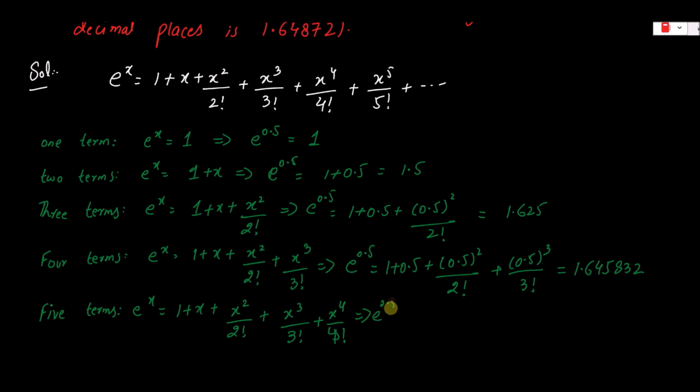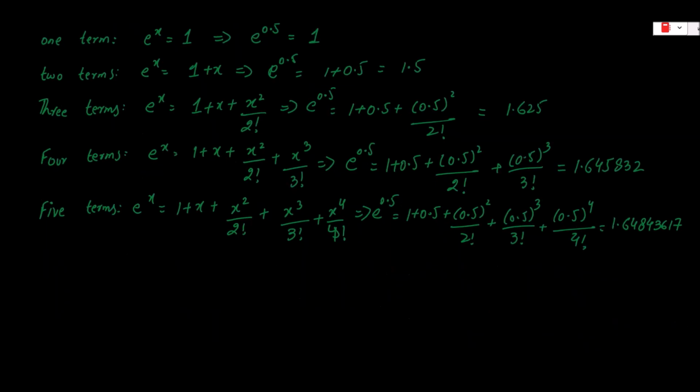For that case, e raised to the power 0.5 is 1 plus 0.5 plus 0.5 squared over 2 factorial plus 0.5 cubed by 3 factorial plus 0.5 raised to 4 divided by 4 factorial, and when we solve it, we will get 1.64843617.